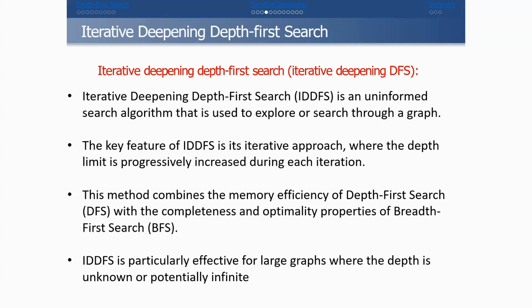It is effective when the depth of the goal node is unknown or the graph is potentially infinite, where IDDFS is a good choice, unlike a pure DFS which might get stuck exploring a deep unproductive path. IDDFS ensures that all the shallower paths are explored first.